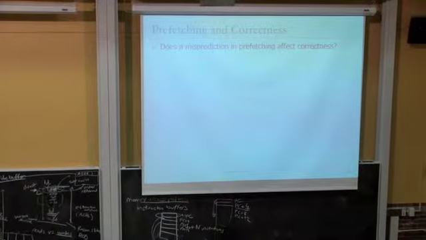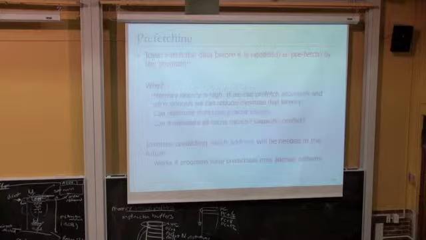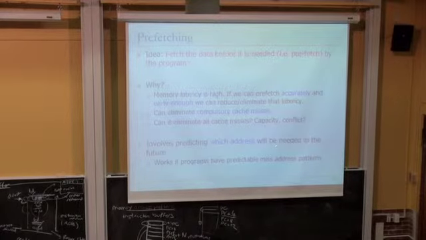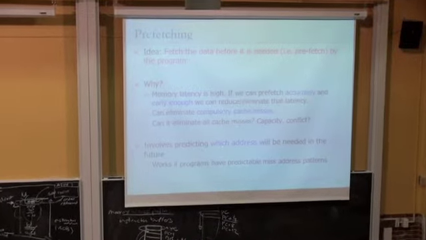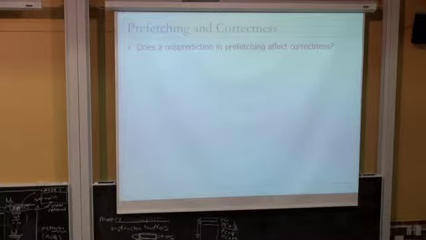Okay, here's a question for you. What if you predicted an address will be needed in the future, but that turned out to be not needed? Does this affect correctness? No. I mean, you just wasted memory bandwidth, but now you're going to figure out that you need some other address and you're just going to load it as normal and you'll effectively just ignore the thing. Exactly. So basically you can ignore what you fetched, right?